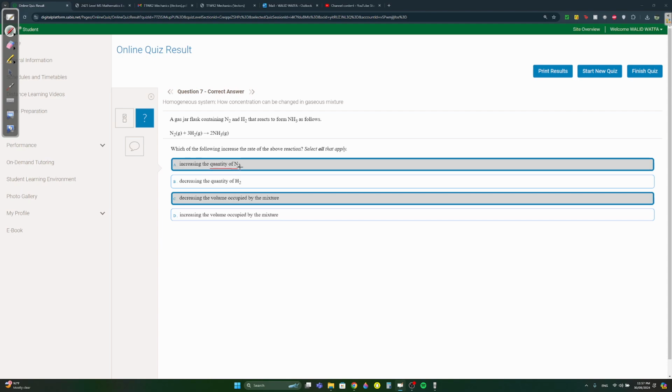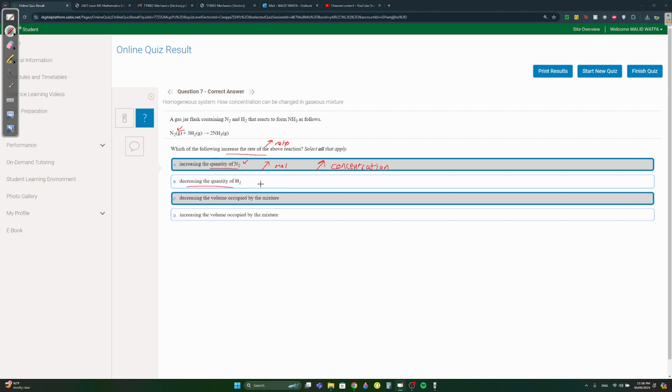If you increase the quantity of N2, you're going to increase the moles of N2. And when you increase the moles of N2, you're increasing the concentration. When you increase the concentration of the reactants, what will happen to the rate? Rate will increase. How about decreasing the quantity of H2?